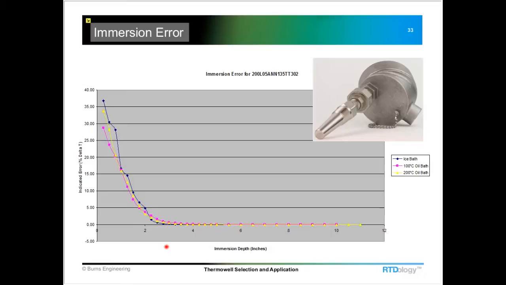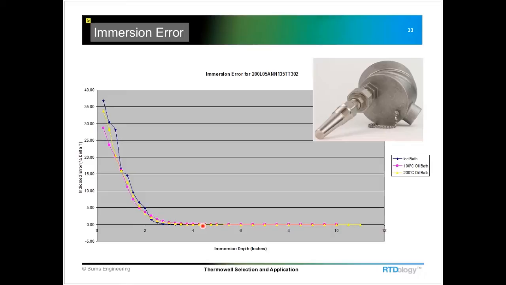When we get out here past 4 inches, most of that stem conduction or immersion error has gone away. So I always recommend that if we can get at least that much immersion, you're going to get a good, accurate temperature reading.